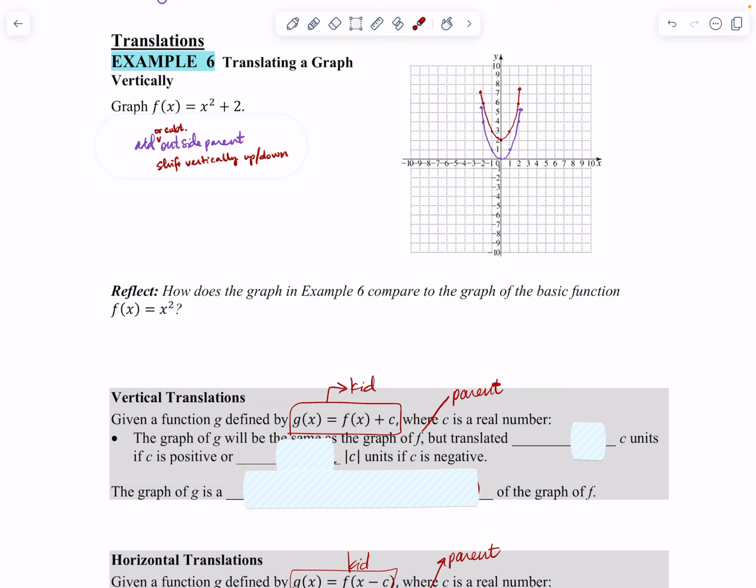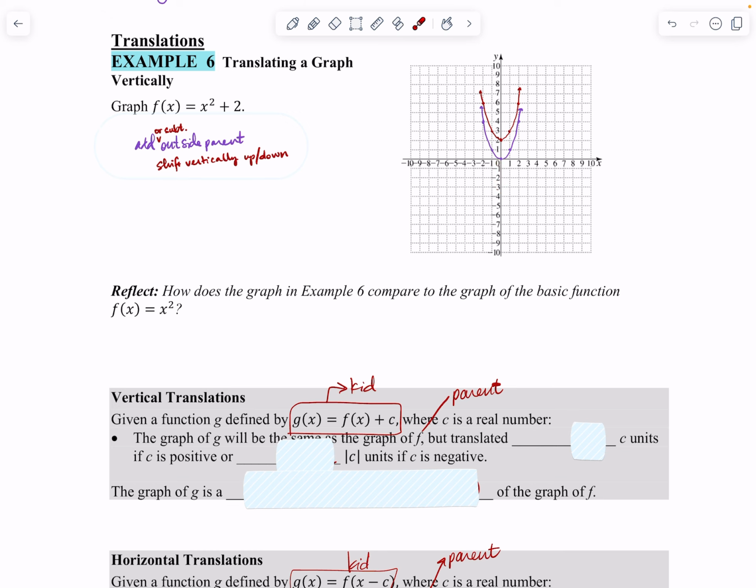And what you find out is that anytime you add or subtract outside the parent, you're going to shift vertically up or down. So notice that I'm adding here outside of the x squared. So we're going to shift our graph up 2, and if it were x squared minus 2, we would shift our parent down.